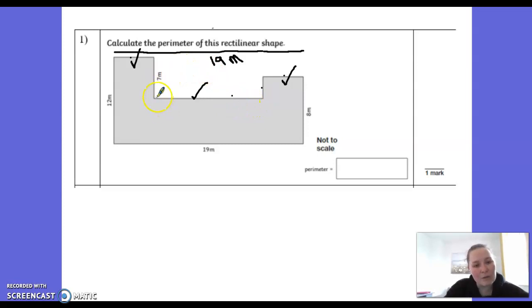But if we use what we've got here, so we can see that this is 7. So that means that this, we cut off that shape there, this is 7. Now the whole thing is 12, so that means that this bit is 5.